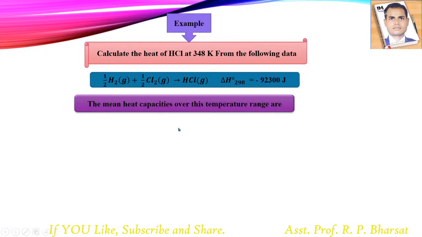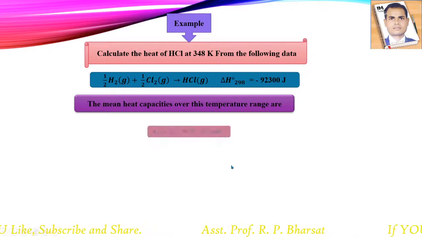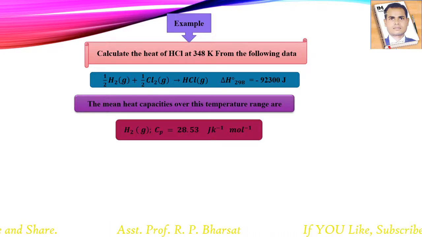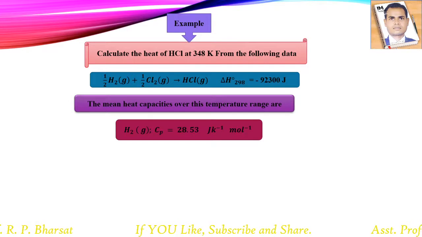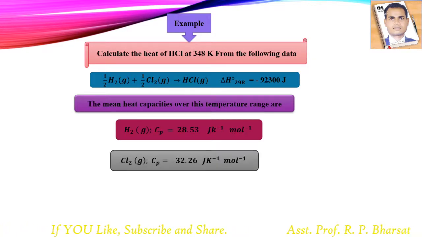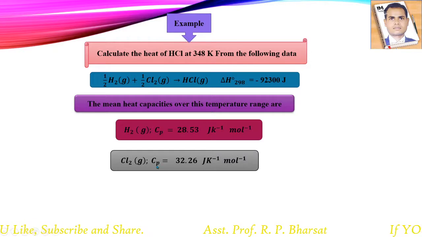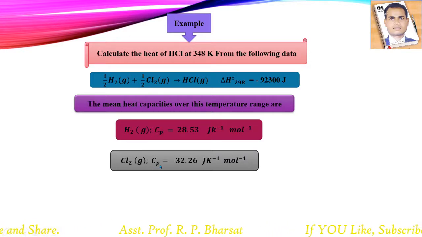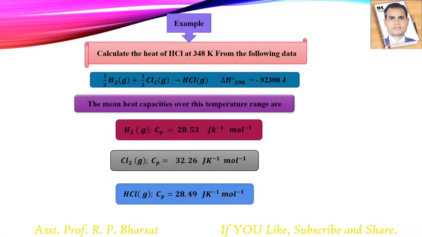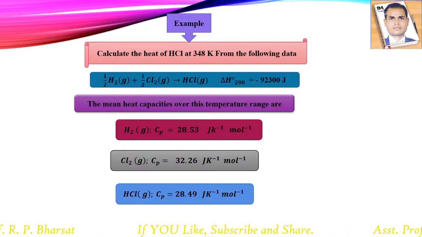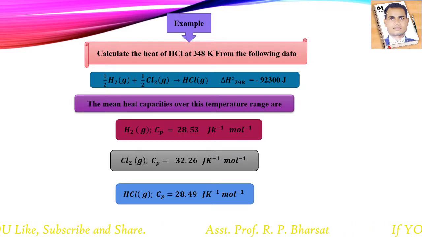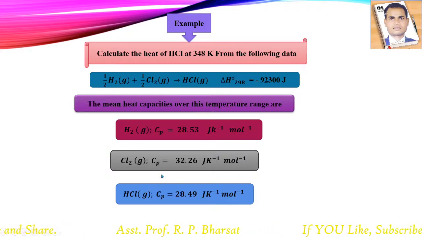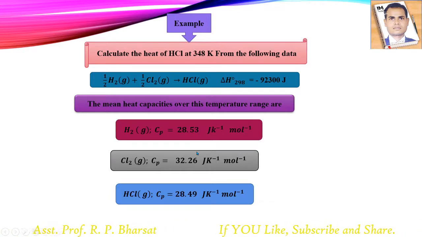The mean heat capacities over this temperature range are, for H2 in gas form, Cp is equal to 28.53 J per K per mole. For Cl2 in gas form, Cp is equal to 32.26 J per K per mole, and for HCl gas, Cp is equal to 28.49 J per K per mole. So all this data we have been given. Now we have to calculate the heat of the HCl at 348 Kelvin.